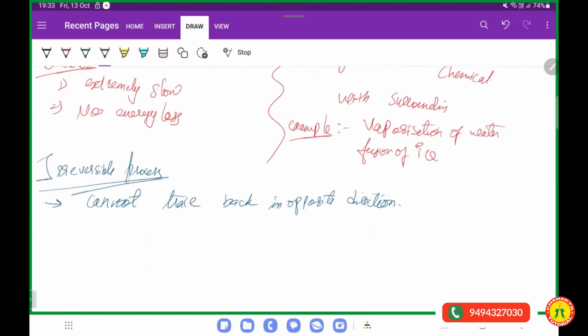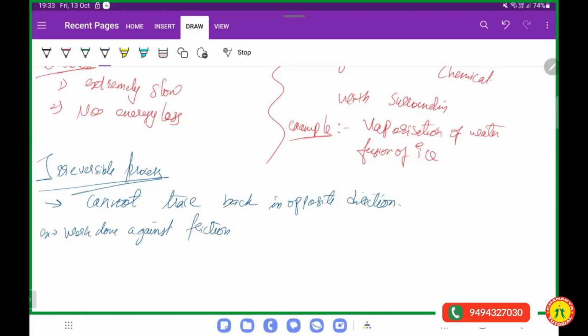Whichever physical processes cannot go back, like work done against friction, this cannot be reversed.